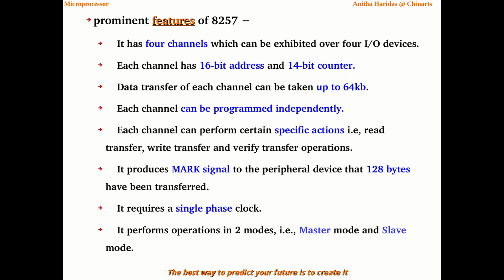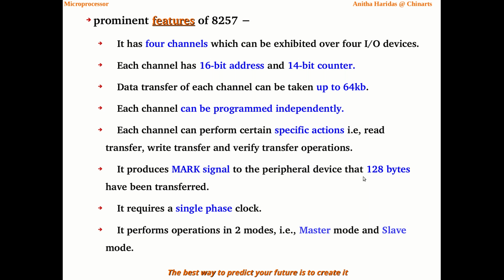So the maximum data transfer capacity is 64 kilobytes and each channel can be programmed. One channel can be programmed for the input device, another channel can be programmed for the output device. And for each channel we can perform read operation, write operation as well as verify operation.